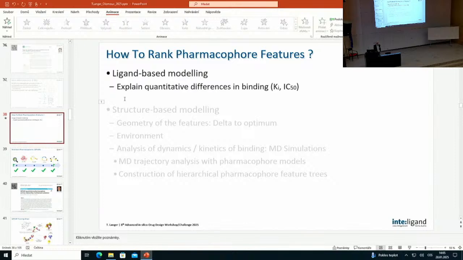Yes, absolutely, Martin. Very good points. So in the ligand-based modeling, this is what we try to do, to put weights on these features. There we clearly need some algorithm to analyze the data and correlate the data with these features. But as you said, and this is what I did not touch on in this lecture, we also have ideas how to use these feature frequencies, for instance, in an MD simulation, to try to correlate it to affinity maybe, but also to residence time.